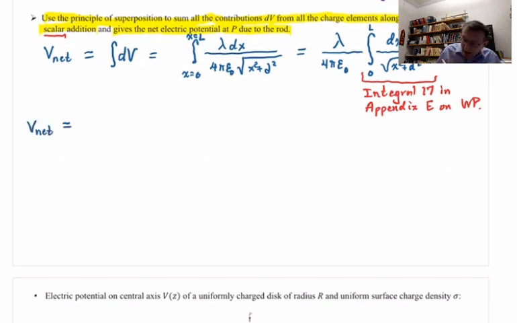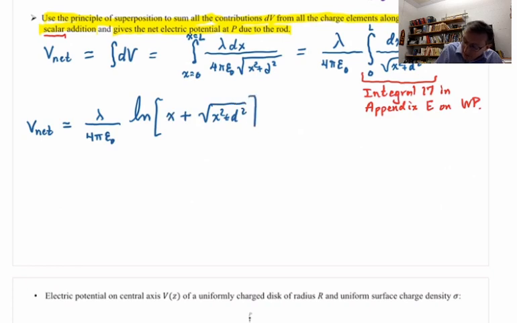So we get, when we look up that integral 17 in Appendix E on Wiley Plus, don't forget the lambda over 4 pi epsilon 0, we get natural log of x plus square root of x squared plus d squared. And then we put in the limits for x from 0 to L. We better do those limits carefully. So we get V net equals lambda over 4 pi epsilon 0.